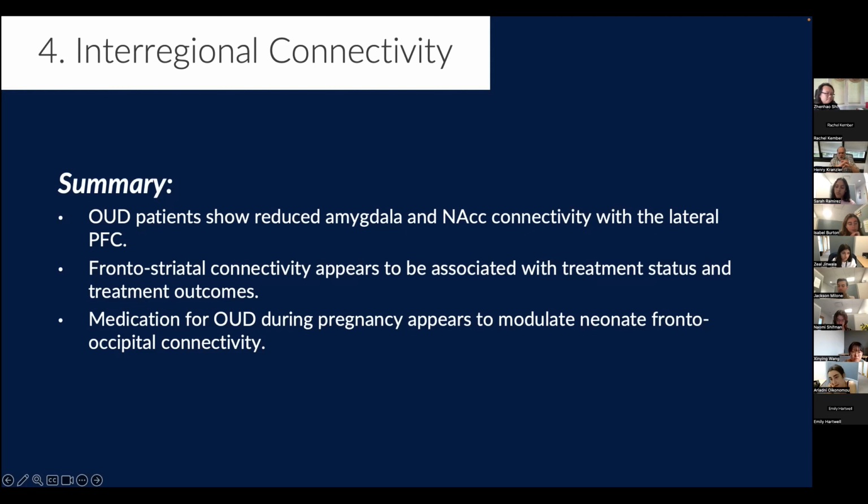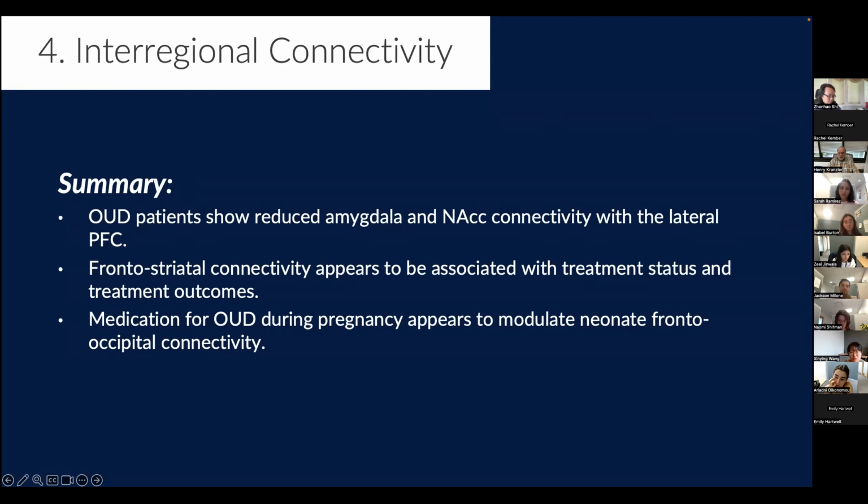And if your brain is not as well connected to that region by regions lower in the brain, more caudal in the brain, like the amygdala, which encodes a lot of fear responses, and the nucleus accumbens, which represents a lot of pleasurable experiences, there's this disconnect with executive function.